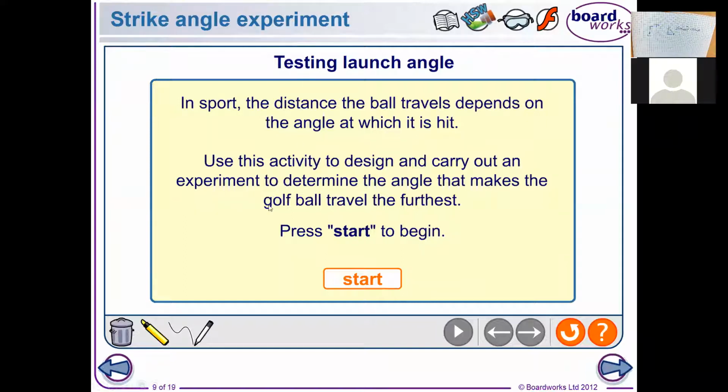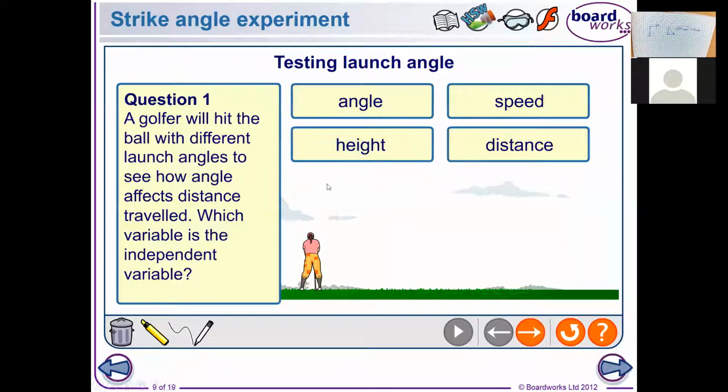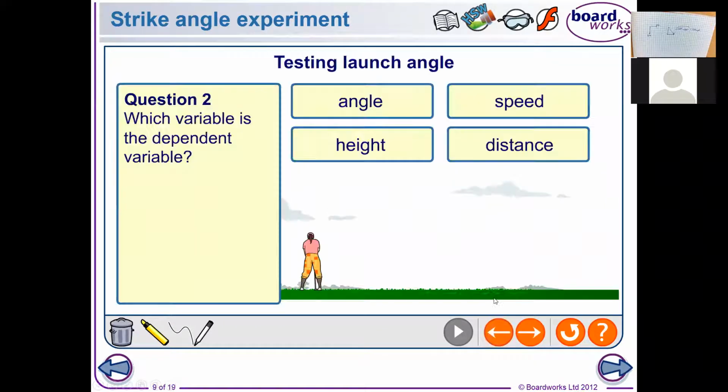We could also, and you will tomorrow, do an experiment based on testing launch angle. The basic idea is if you're testing the relationship between the launch angle and the range of a projectile, obviously you need to change the angle. For a changing angle, we can measure the distance it actually travels.